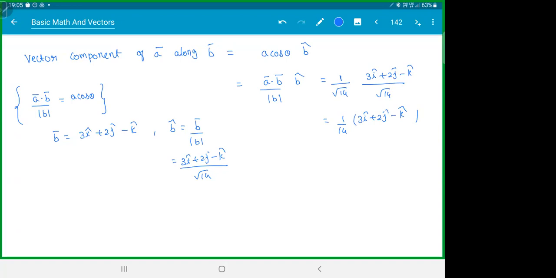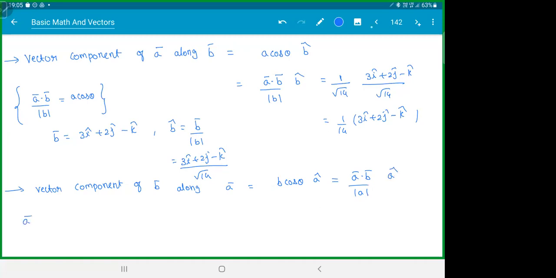Yes, you got the angle right. The other one, vector component of B bar along A bar. So I'm asking B cos theta in the direction of A cap. This is nothing but A bar dot B bar by mod A into A cap.